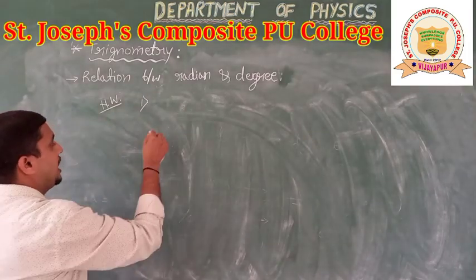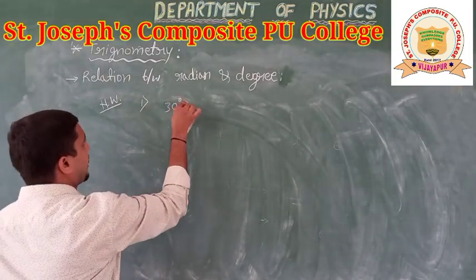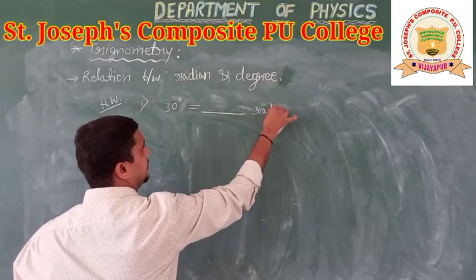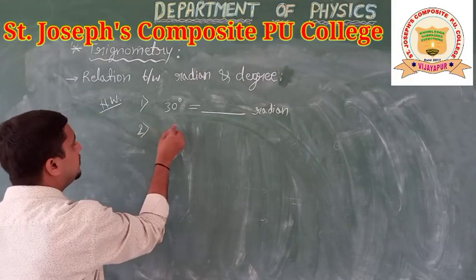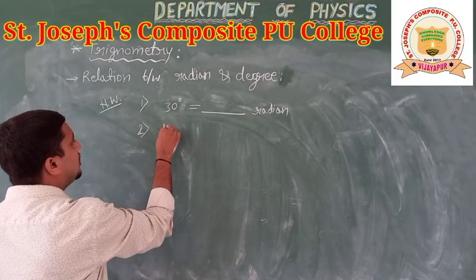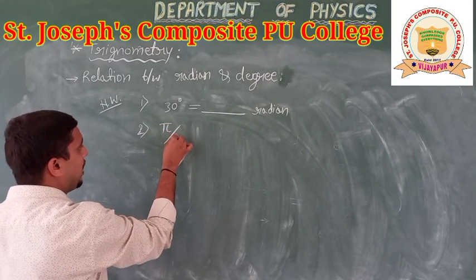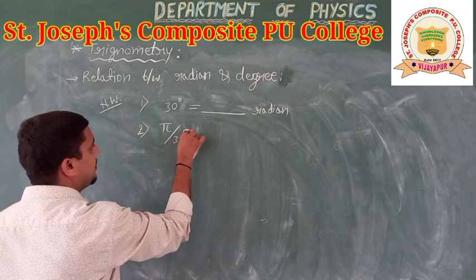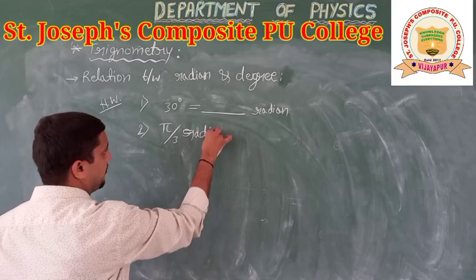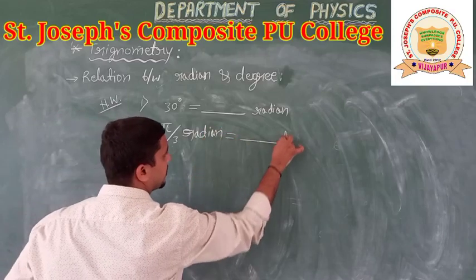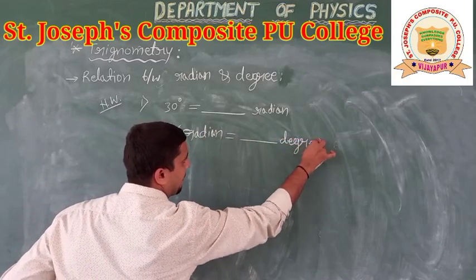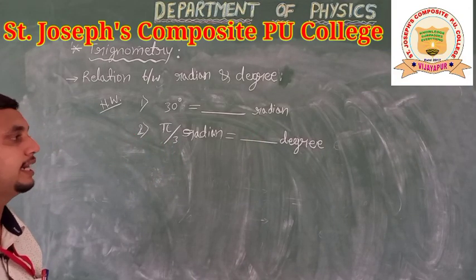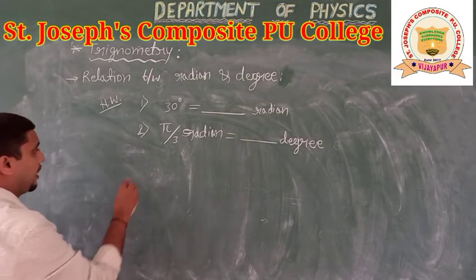Question number 1: 30 degree is equal to dash radian, and pi by 3 radian is equal to dash degree. You have to convert this.